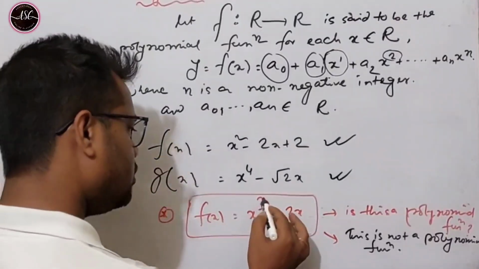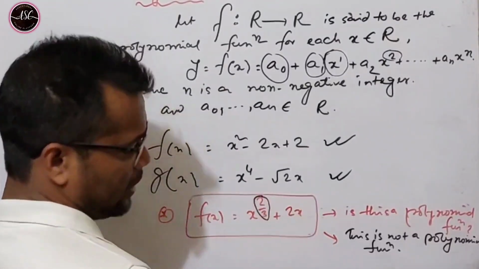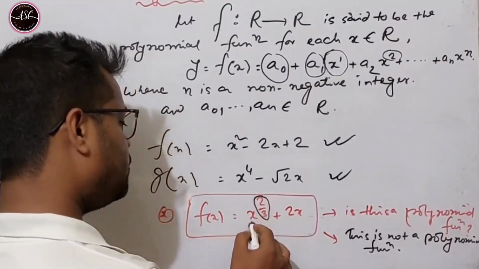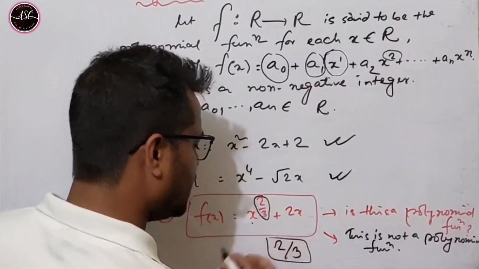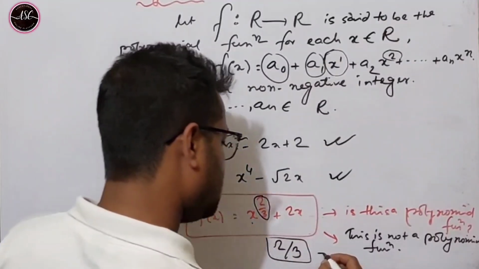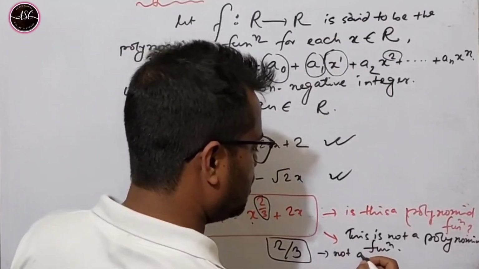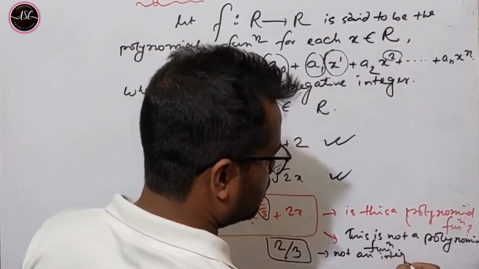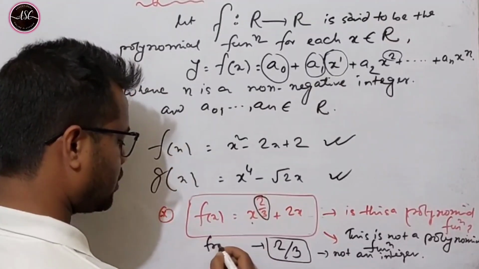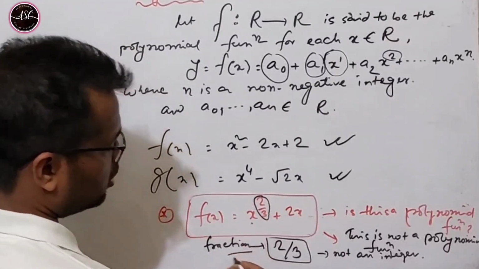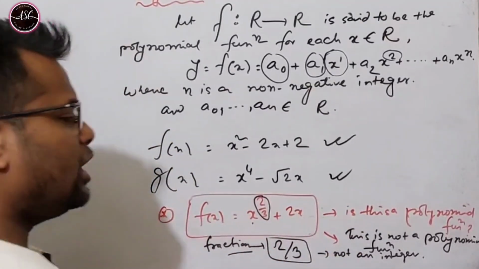But here, just look, the power of x, that means the power of the variable, is 2/3. This is not an integer, this is a fraction. So this is not a polynomial function.